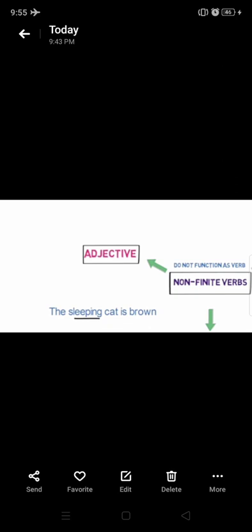So here, even though the word sleeping is a verb, sleep plus ing, in this example it is not acting like a verb, but rather it is acting like an adjective. The word sleeping is modifying the cat. Yes or no? Which cat? The sleeping cat. So here, the word sleeping is a non-finite verb which is acting like an adjective.